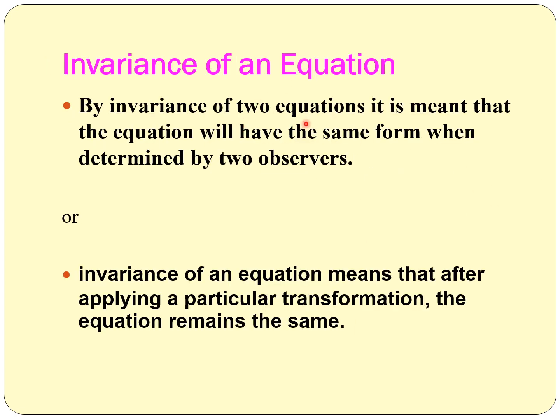And now, what is invariancy of an equation? By invariance of two equations, we mean the equation will have the same form when determined by the two observers. And invariance of an equation means that after applying a particular transformation, the equations should remain the same.